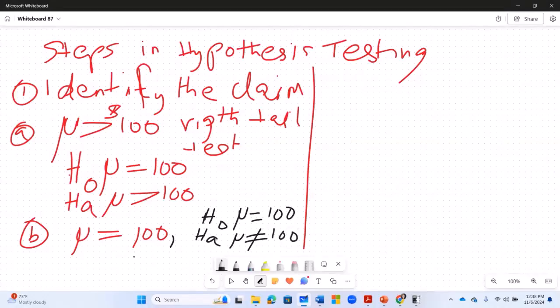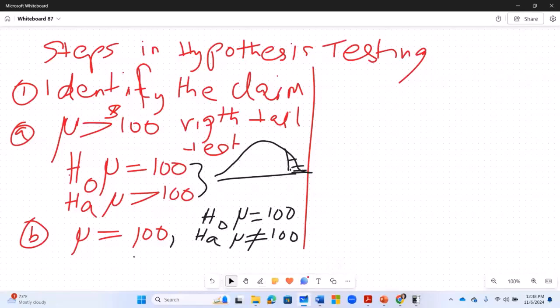And if I'm told to draw a picture, I will draw a normal curve with a right tail test here. Why? Because the keyword says greater than. In this B, the keyword says the average cost is equal to 100.